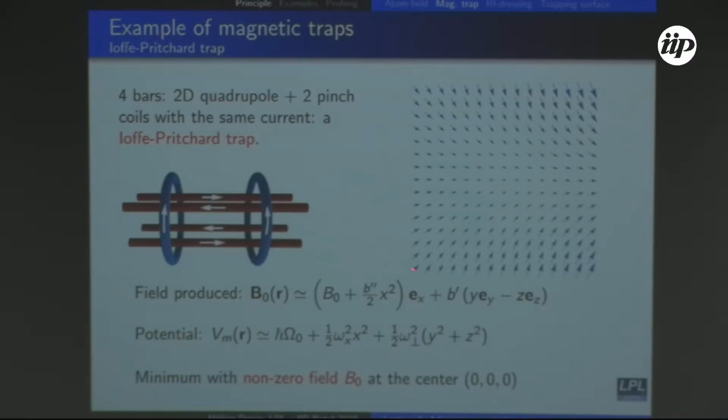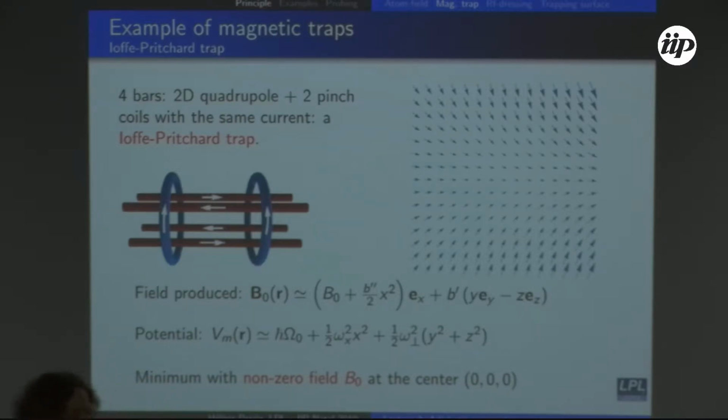And so the total magnetic field, when you compute the modulus, take the square root, etc., at lowest order, it gives you a trap with a frequency along the axis, which is imposed by this variation, and the transverse frequency, which is imposed by the fact that at the minimum you have the field along x, and when you go away, the field rotates because of the quadrupole taking over with respect to the offset B0.